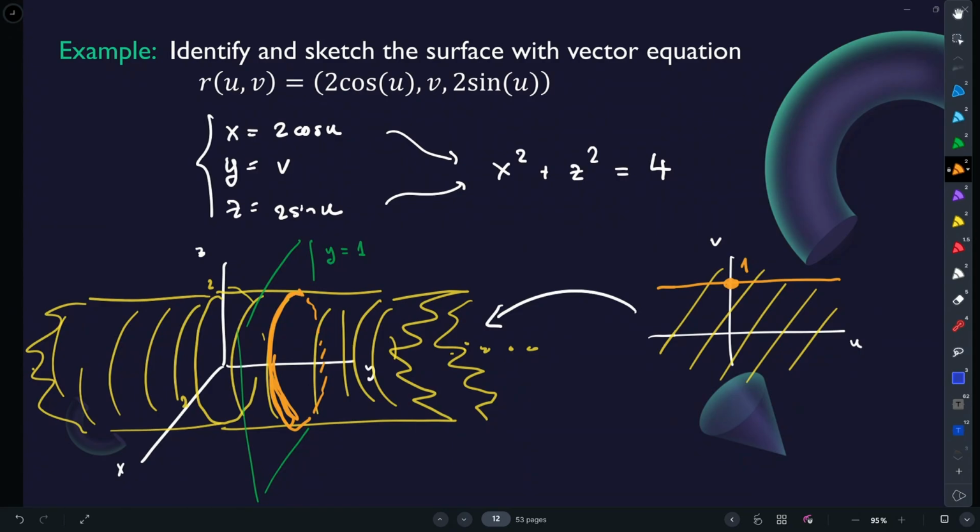And as I move in u like that, what's happening is that I'm doing infinitely many loops around the cylinder. Okay? If I fix u and go like this, then I'm fixing a position in the circle, and then I'm letting y run wild.